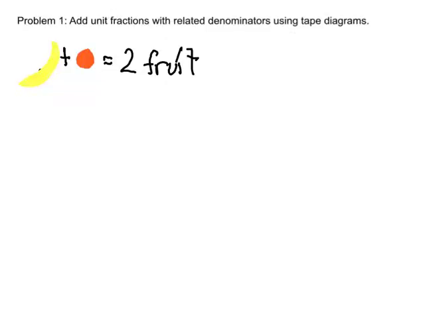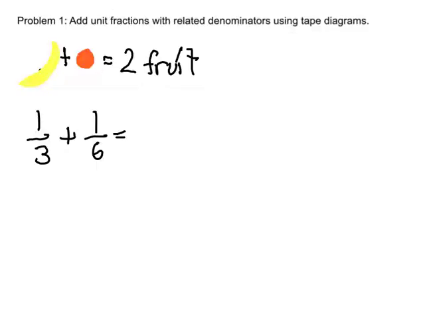So in this case, we're going to look at our next problem. It's 1/3 plus 1/6 equals. Well, again, this would be something like bananas and oranges, but what do they have in common? Well, we could look at this as they both have this in common right here, that this 3 can become a 6.